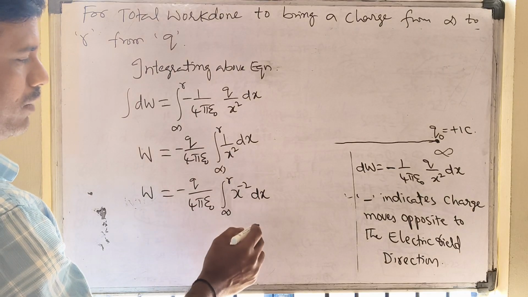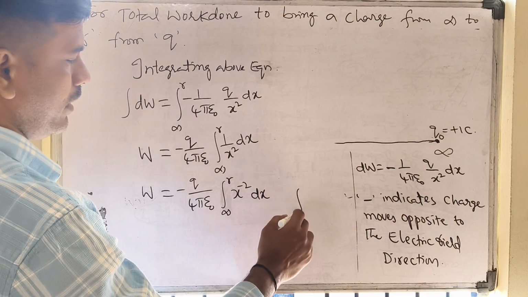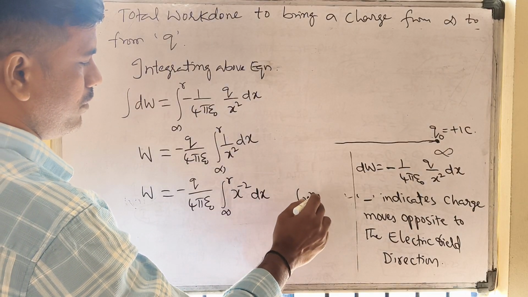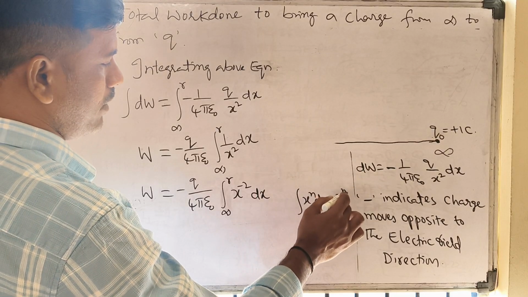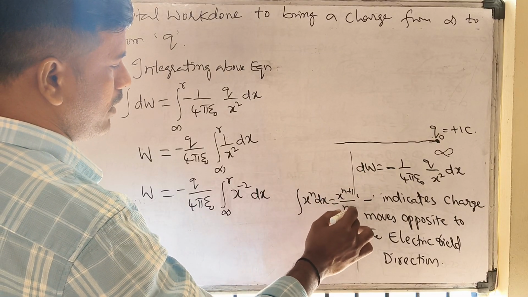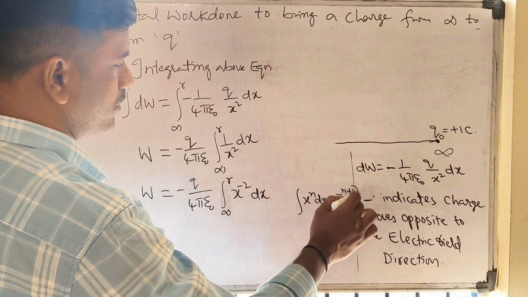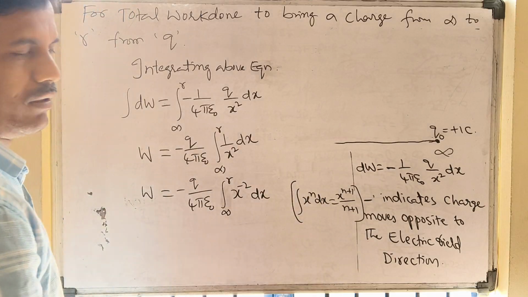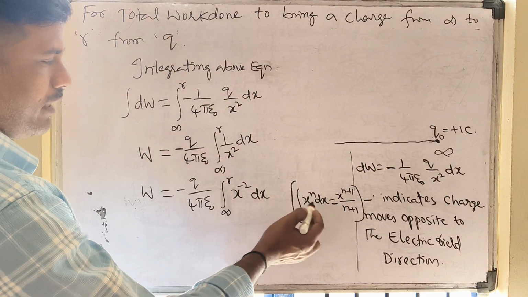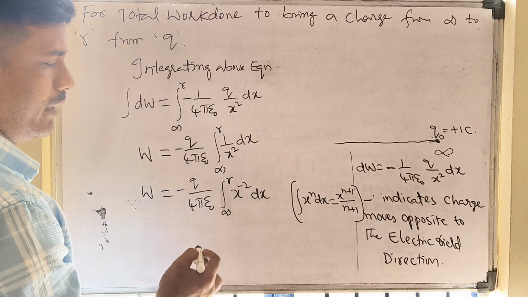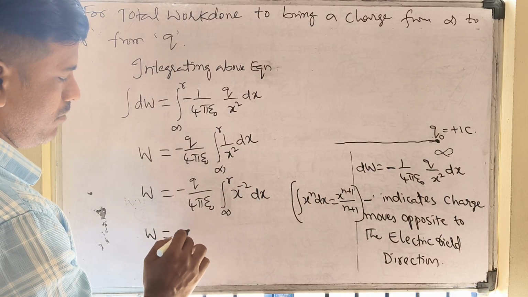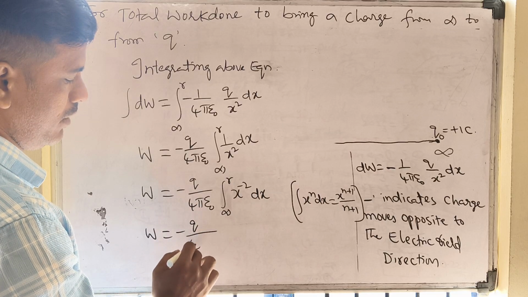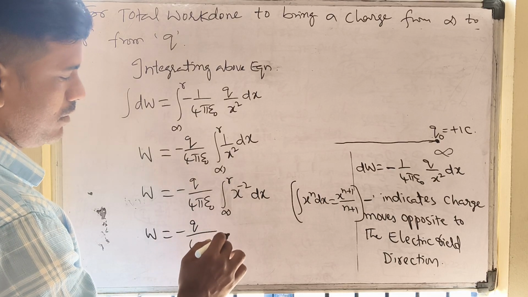We already know the formula: integration of x power n into dx is x power n plus 1 by n plus 1. This is the formula in integration, here with n replaced by minus 2. So W is equal to minus q divided by 4 pi epsilon naught.